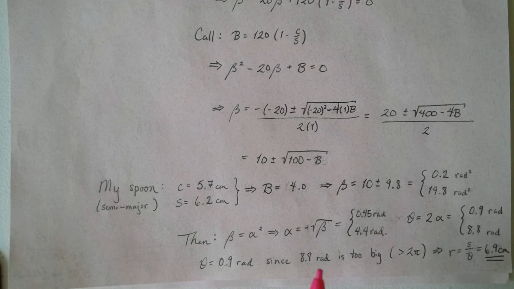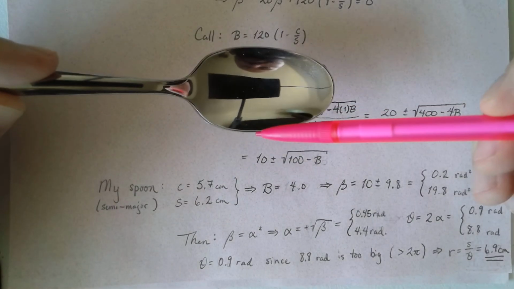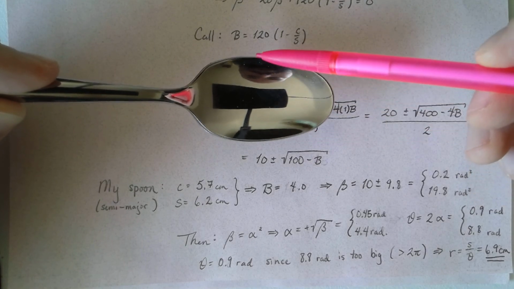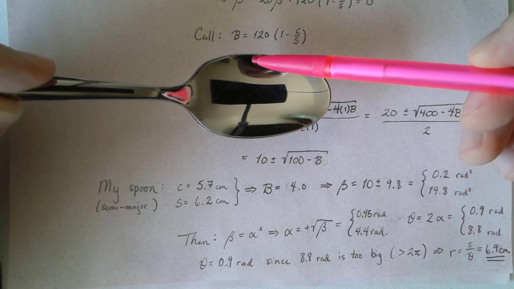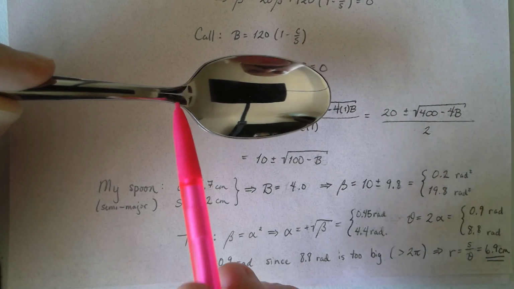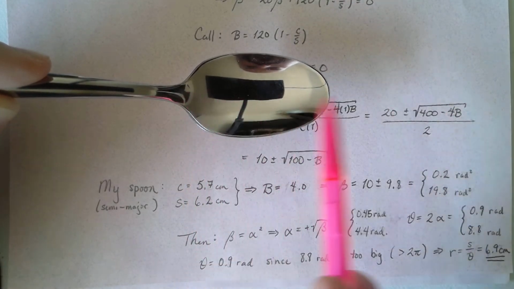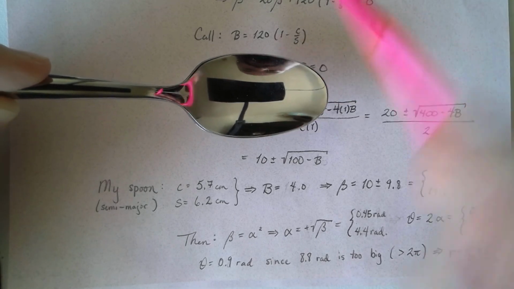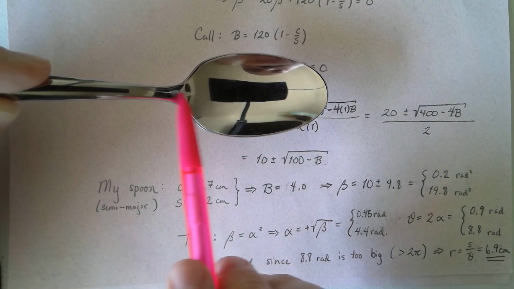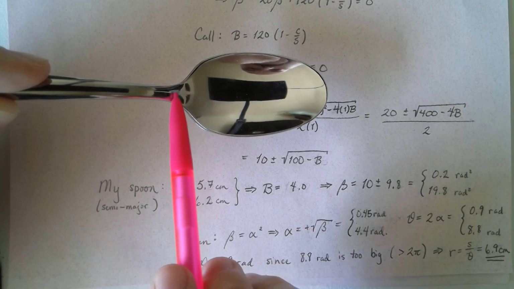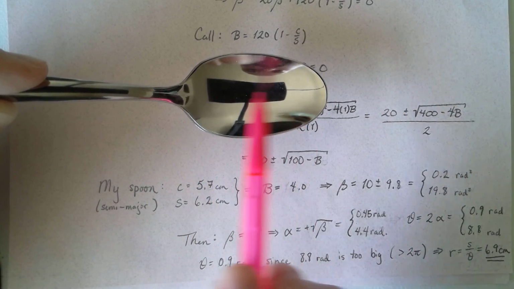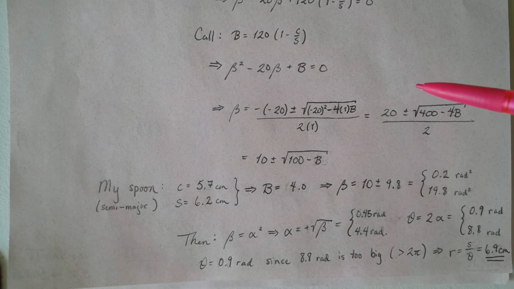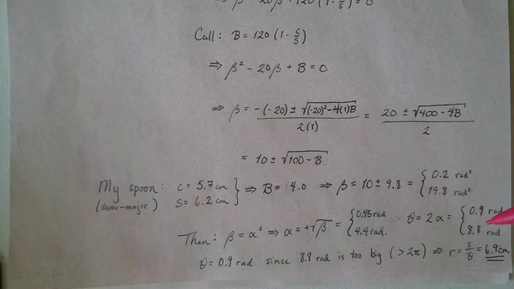So when you measure this, if you choose to use the semi-minor axis here, just make sure that you also measure the arc length along the same axis when you do that. Sorry if I said semi-major, this is semi-minor. The semi-major axis here should be the arc length as well as the chord. So just remember that when you're doing that measurement, if you choose to do this particular method.